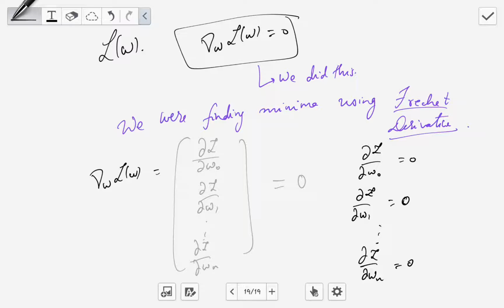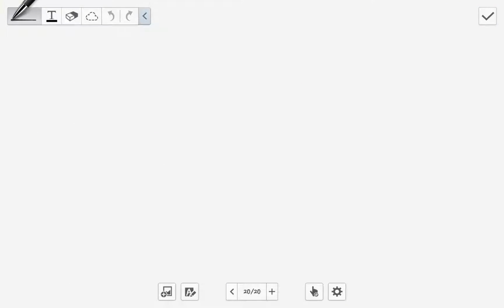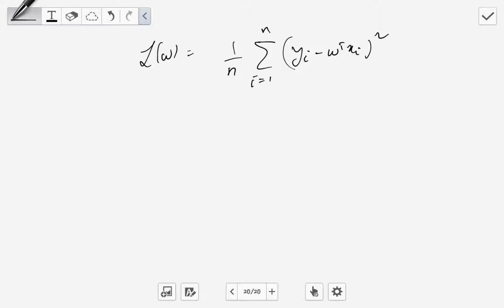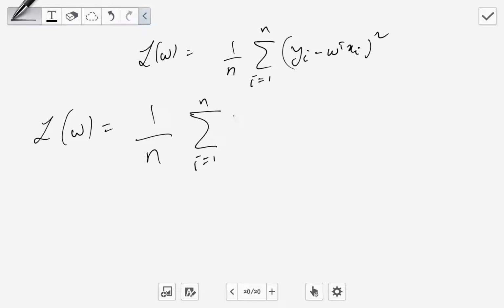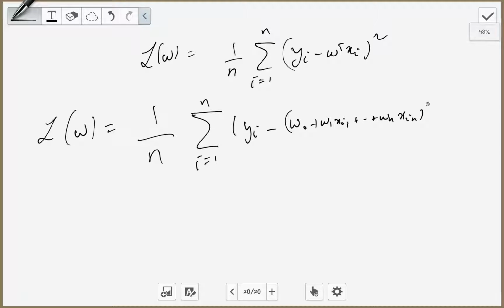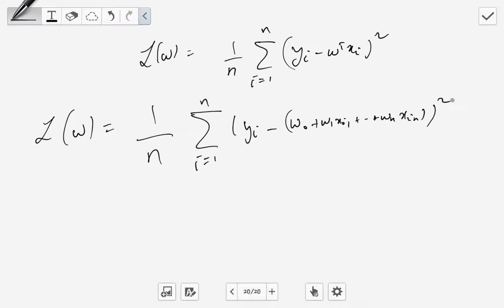Fine. Yes. Now what did we have this L(w) as? We had this L(w) as sum over i from 1 to n of (yi minus w transpose xi) whole squared, isn't it? Right. Now L(w) was therefore 1 by n sigma i from 1 to n (yi minus (w0 plus w1 xi1 plus so on up to wn xin)) whole squared, right?